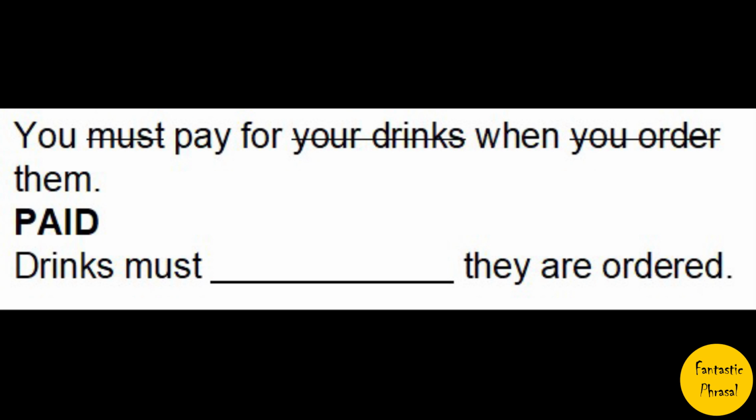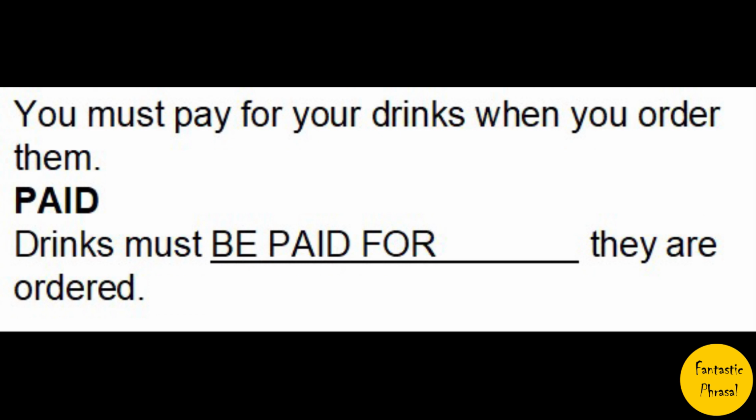To follow the modal verb must, we need to use be, an infinitive, and then we can add the past participle. Don't forget the preposition for and of course when. The correct answer is be paid for when. You would receive 1 point for be paid and 1 point for when.